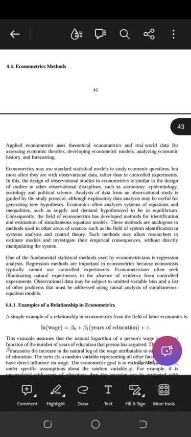whatever. So continuing from there, it says econometrics may use standard statistical models to study economic questions, but most often they are with observational data rather than in controlled experiments. Now, the issue here is that with economics, when we want to postulate a theory, we are not like scientists, which is why we say economics is a social science.